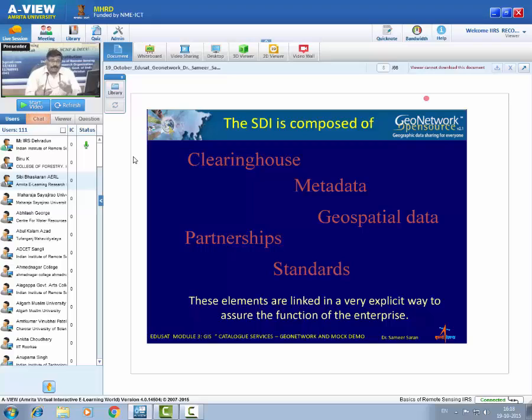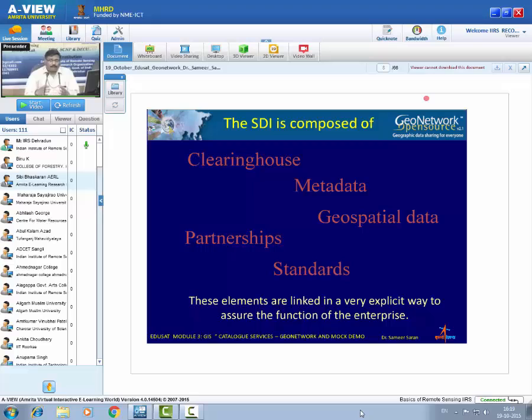And then the clearinghouse is nothing but what is called the gateway, or I would say it's a front end of a portal which allows you to search the data, and that searching will be totally based on metadata. The data which you are providing, that is the geospatial data, the framework data, is available in the server, and you are providing the WMS services, or different online resources, and they are directly making use of standards.